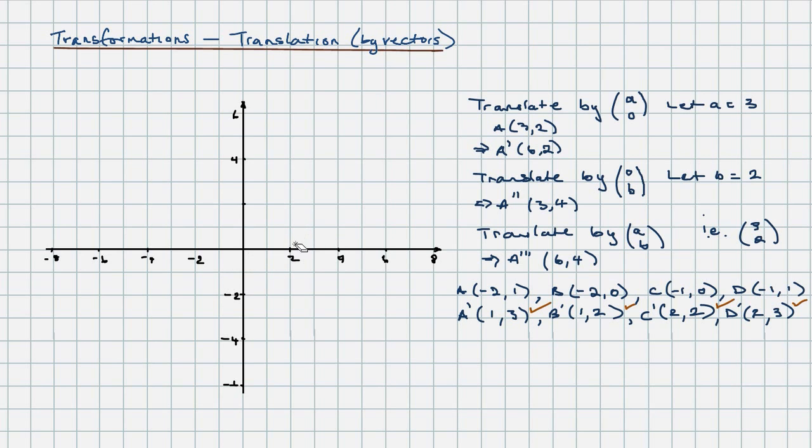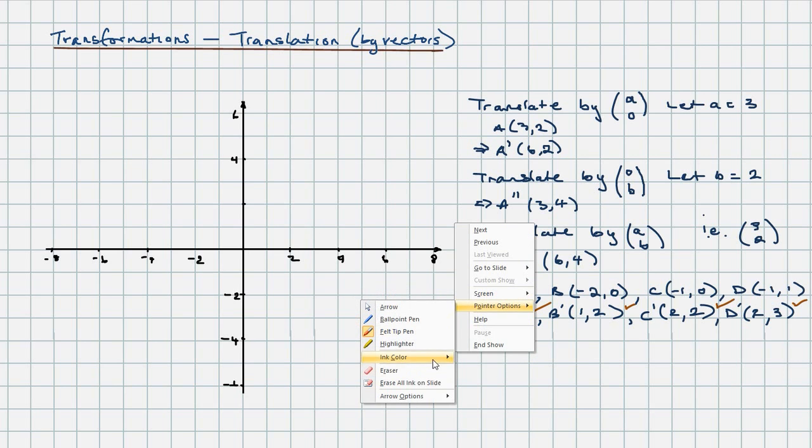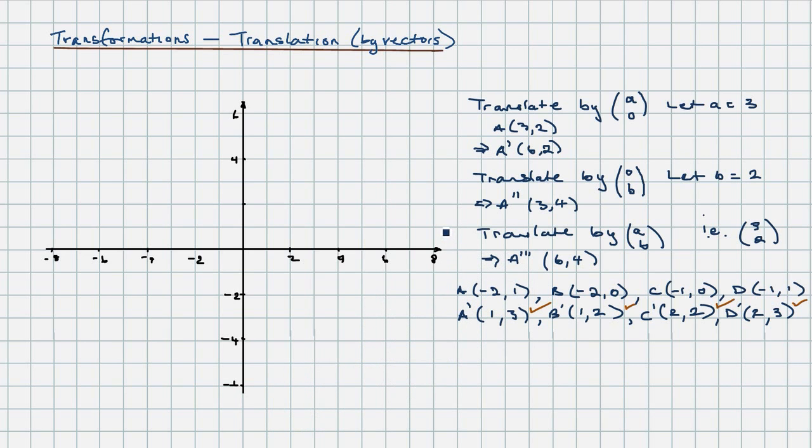So if we call this problem A, problem B is going to be working the other way around. We're going to take a shape, let's draw it here.